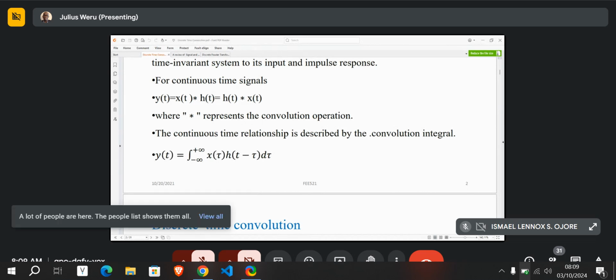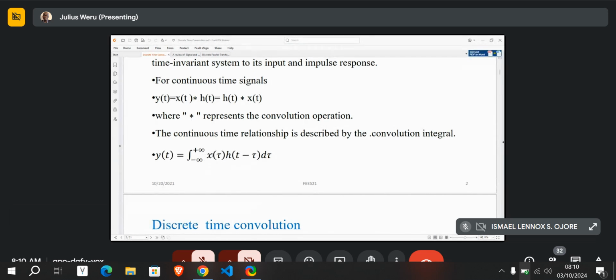I think it's good to really understand this because you're talking about x of tau. This is a time difference, h of t minus tau, the time difference, d tau. That is the integral.